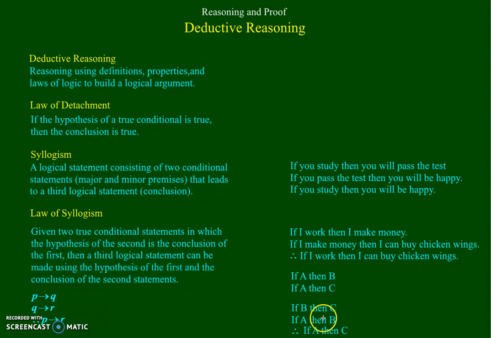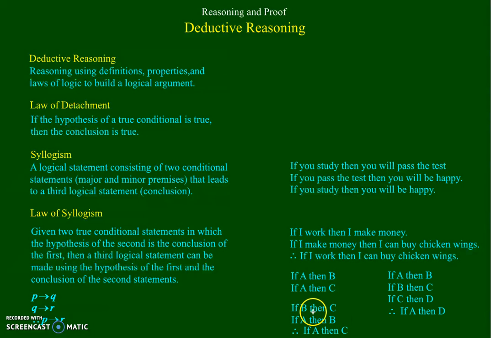The thing that's critical is that one conclusion becomes the hypothesis of the other. It could be first conclusion goes to second hypothesis, or second conclusion goes to first hypothesis. Either way, it doesn't matter. The hypothesis and conclusion are swapped here, and that's the only thing that's critical.